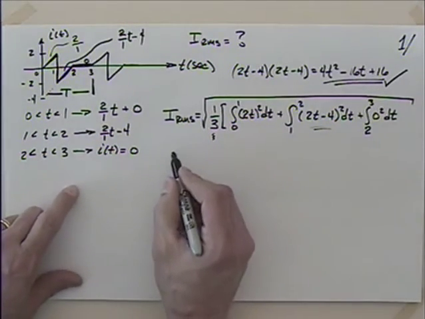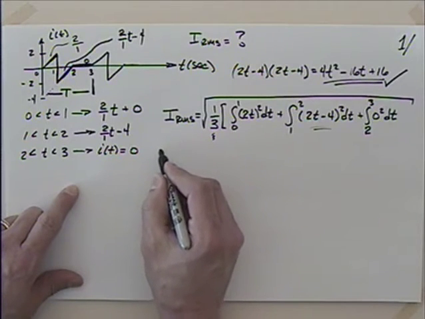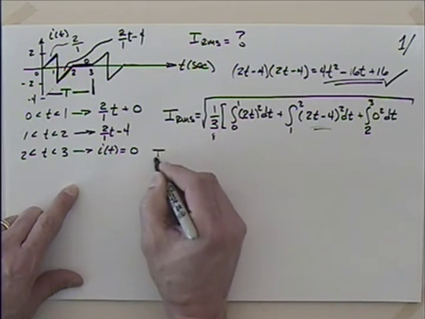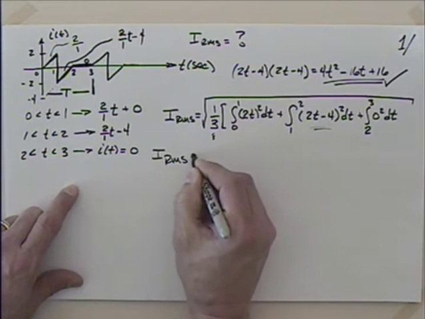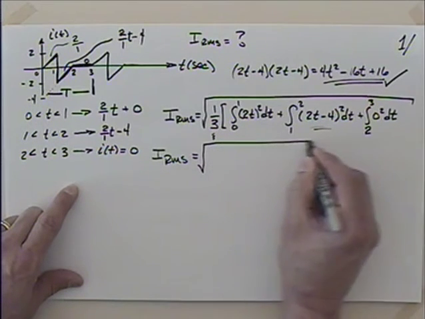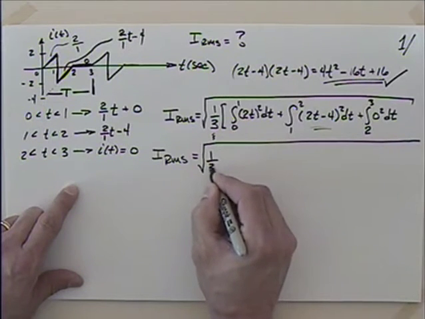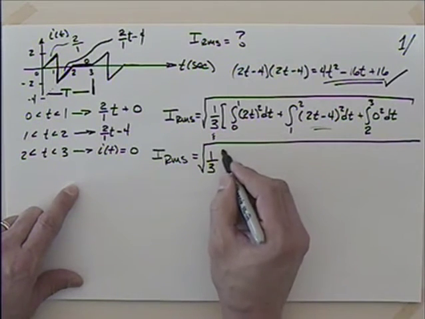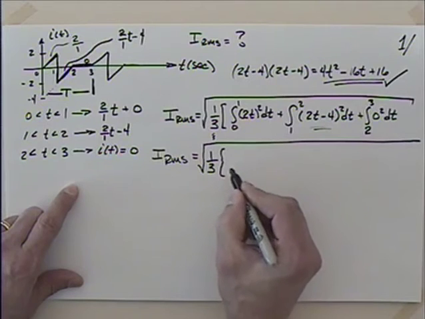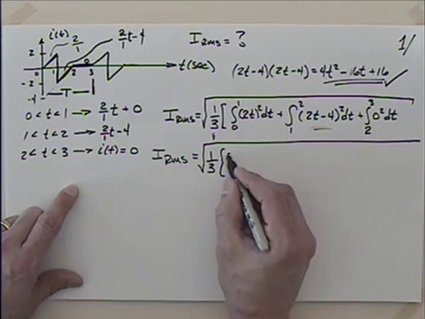Well, if I go through then the integration, I'm going to have the RMS value is equal to the square root of a third times all kinds of brackets here. What are we going to have here?